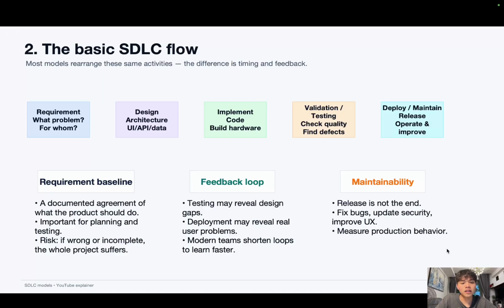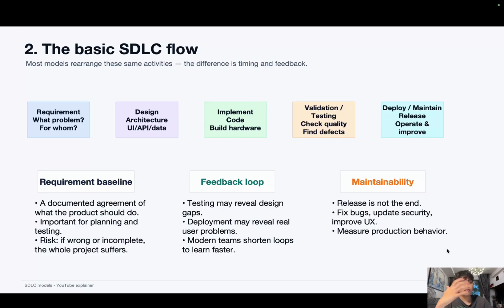The next one is the validation or testing. This is to test if there's any bug in the code, are there any defects, and is the code the most efficient as it is. And the final step is the deploy and maintain. Deploy for software can be an easy click, but for hardware you have to find ways to make your product cost efficient and mass produced.